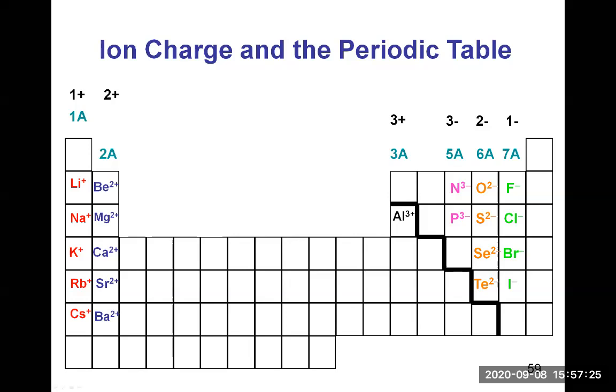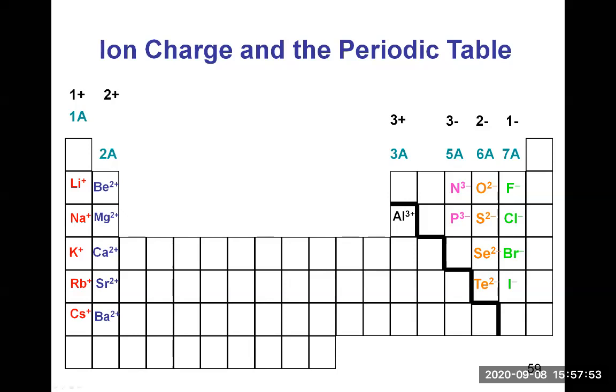They are metals, so it's positive ions. And so lithium, sodium, potassium, rubidium, and cesium will always form positive 1 ions. Group 2A are called alkaline earth metals. They will form 2 plus ions, right? So beryllium, magnesium, calcium, strontium, and barium will always be 2 plus ions.